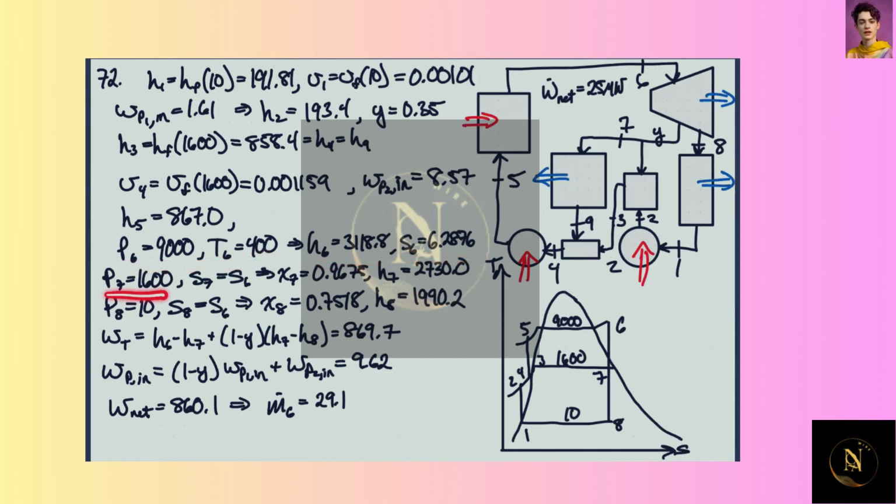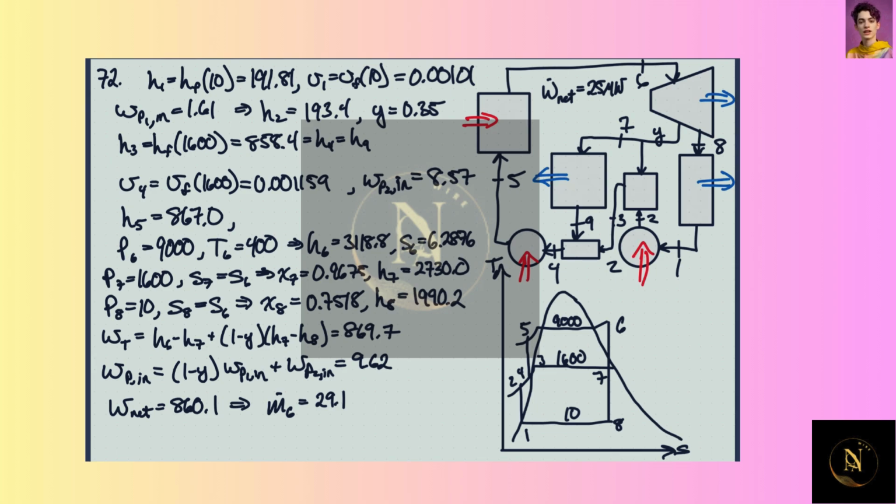At 7, we know pressure, and we know the entropy because it's the same as at 6. So it's in the two-phase region with a quality of about 97%, and we can get the enthalpy. At 8, we know the pressure and the entropy, the same as at 6. So we get a quality of about 75%, and we can get the specific enthalpy there too.